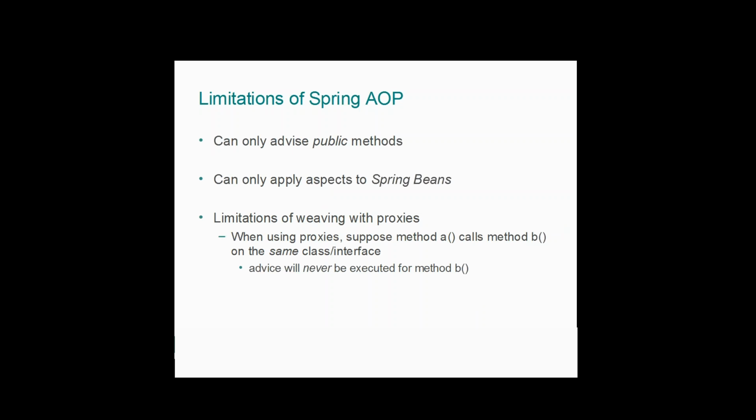Yeah, that will not be applied. When I say the advice will not be applied, I don't know what you are putting in the advice. It could be logging, transactional, or security. I don't know what you have put, but the advice will not be executed for that.